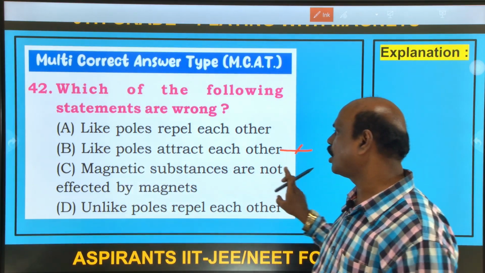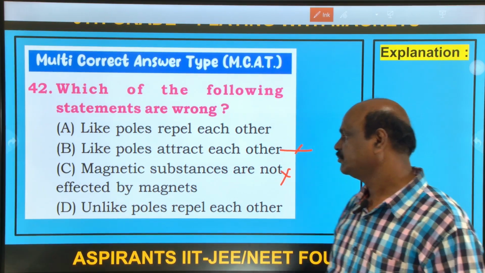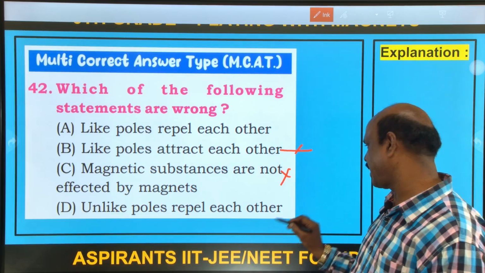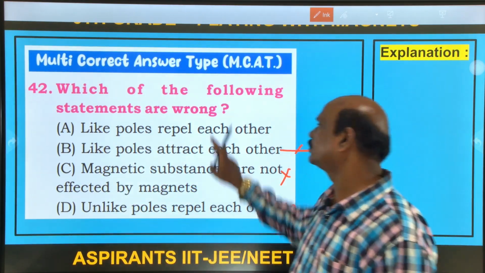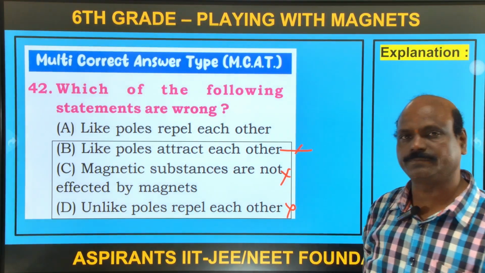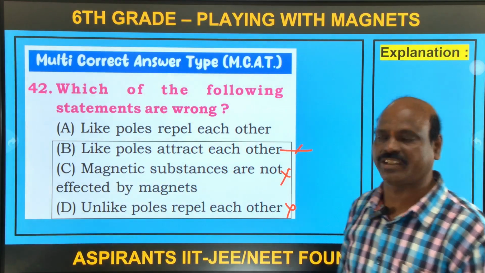Magnetic substances are not affected by the magnet is also a wrong statement. And unlike poles repel each other is also a wrong statement. So these three statements are wrong. We have to choose these three because he is asking which of them are wrong. That's why we have taken this complete border for these three.